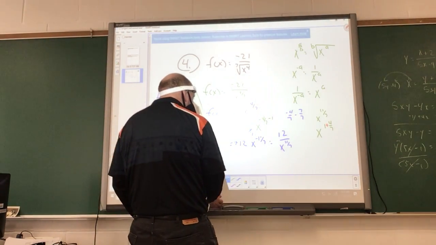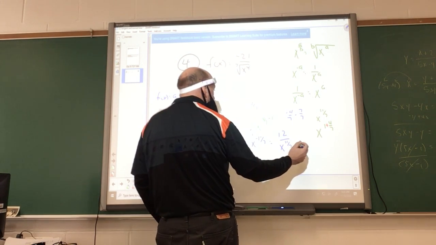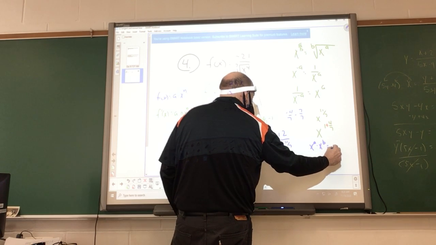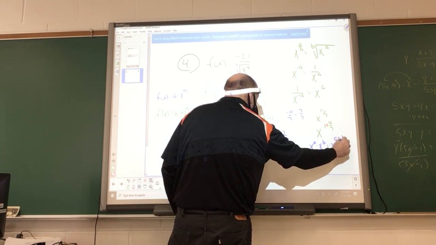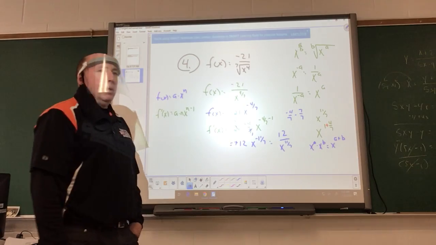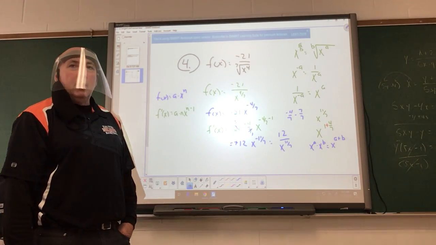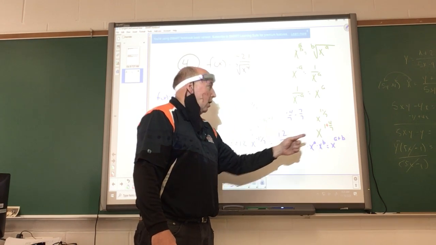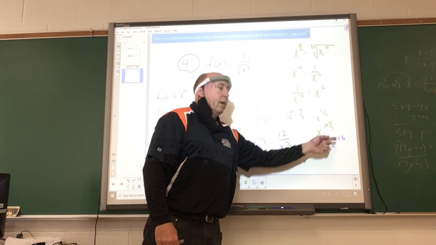So what we have here is addition, which now we can use our exponent rule for multiplication that we talked about yesterday. If I had x to the a times x to the b, this is x to the a plus b. Putting this process in reverse, I have the 1 as my a, 4 sevenths is my b.